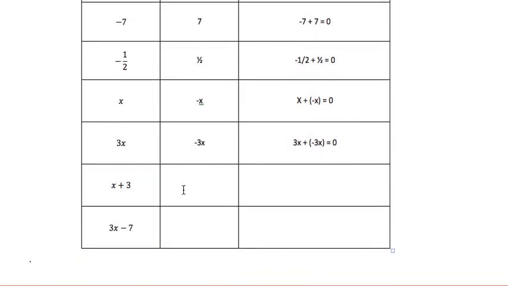Now we have x plus 3. The opposite of x plus 3 has to be the opposite of both terms, which means we would have a negative x plus negative 3.